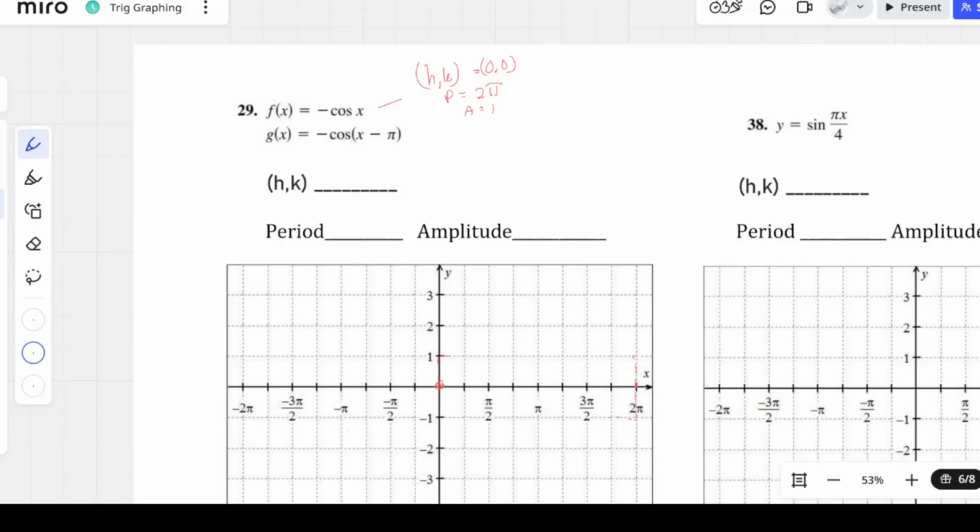It's just the regular parent cosine function flipped. Halves, quarters. I almost wrote it high there. I'll go through the middle.